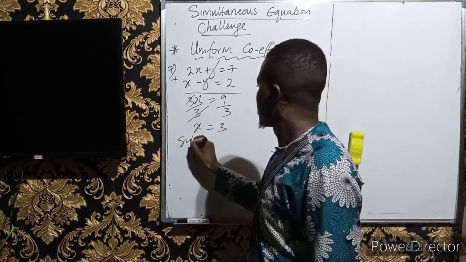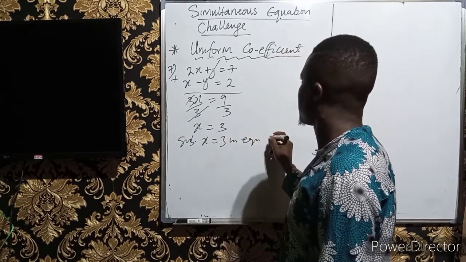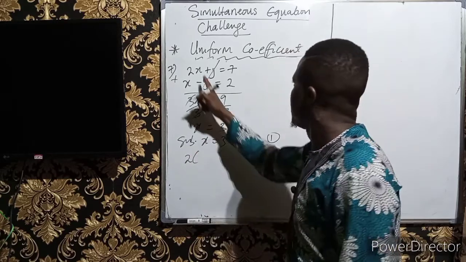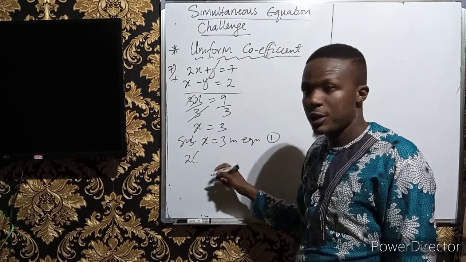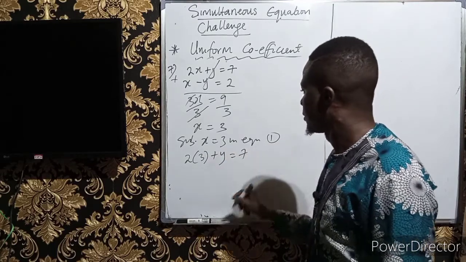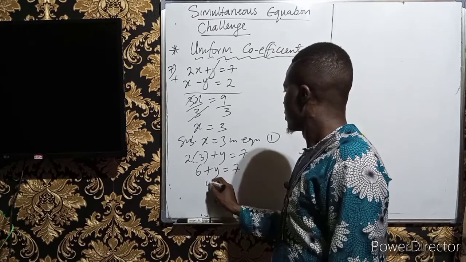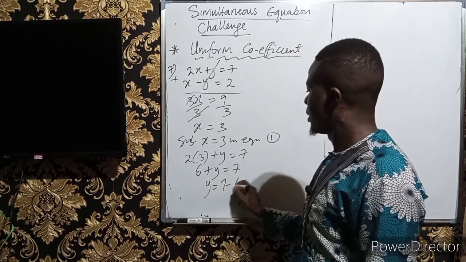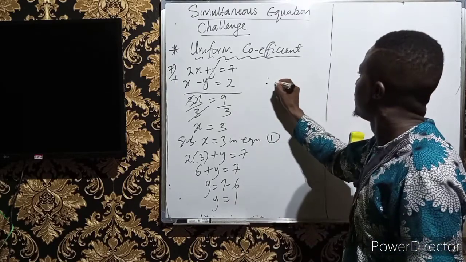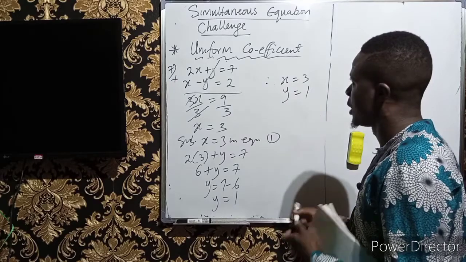Now substitute x equal to 3 in any of the equations, let's say 1. Equation 1, we have 2x, I have to plug in 3, plus y equals 7. 2 times 3 is 6 plus y equals 7. So y is now 7 minus 6, and 7 minus 6 is 1. Therefore, x is equal to 3, y equals 1.